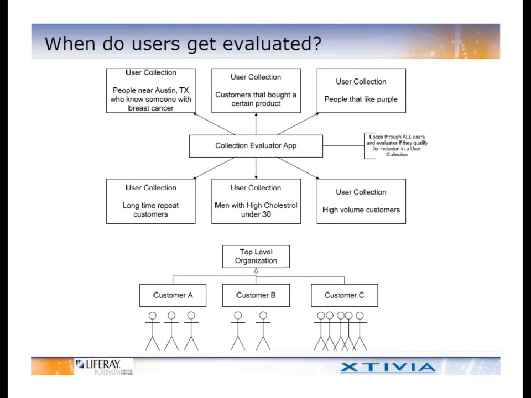It goes through each of the user collections, and I wrote in some examples: high-volume customers, long-time repeat customers, people in Austin, Texas who know someone with breast cancer, any of the various things that you can use with your business. It will go through each of those rules and evaluate each of the users that are in the system and determine whether or not they should be included.